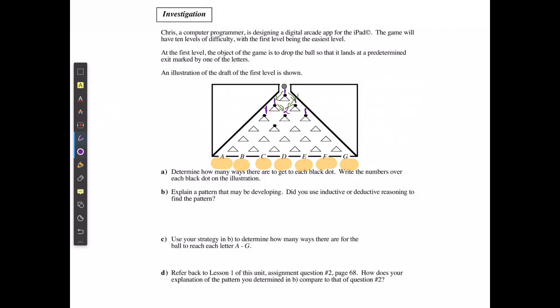For the next one, on the next level, it can drop down, go to the left and one to the right. It can drop down, go one left, one right, and then one left. Or it can drop down, go one to the right, and then two to the left. There's actually three ways to get here.